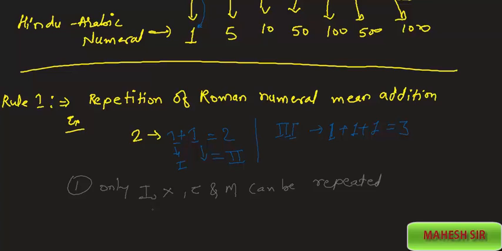Okay, and the second precaution is V, L, D cannot be repeated.